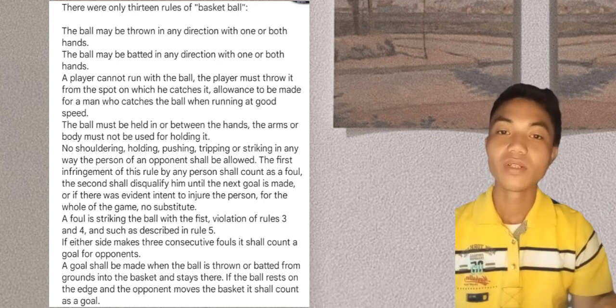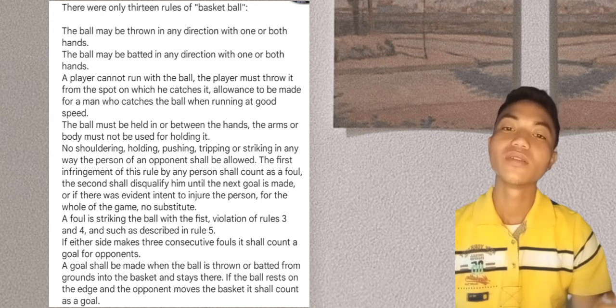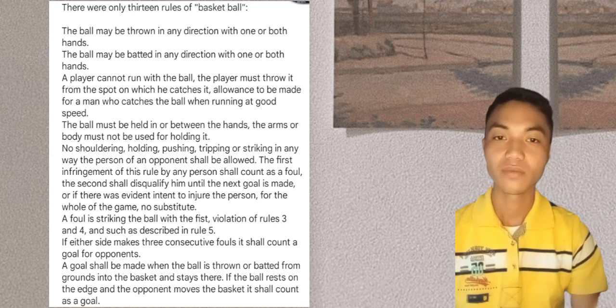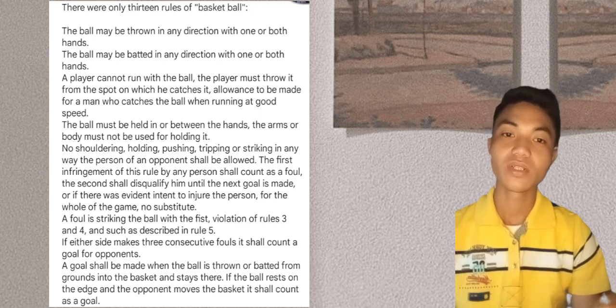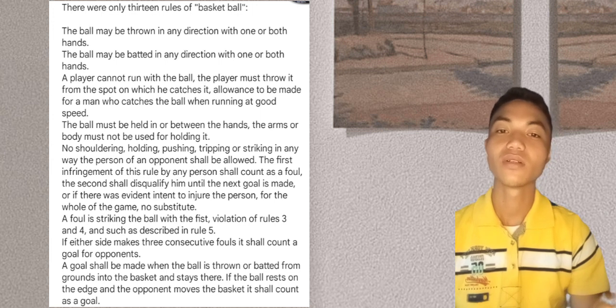If there was evident intent to injure the person, he is disqualified for the whole game, no substitute. Sixth, a foul is striking the ball with the fist, violating rules 3 or 4, and such as described in rule 5.